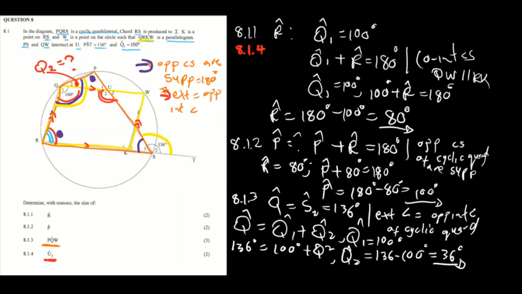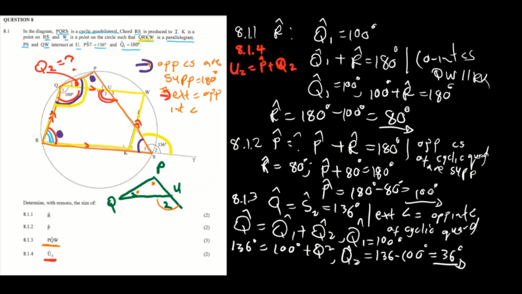Looking at this triangle, if you look clearly, this is P, this is Q2 there, and this is your U, and this is U2. So what's happening here is this angle plus this angle is equal to this angle here. So it's an exterior angle of a triangle.